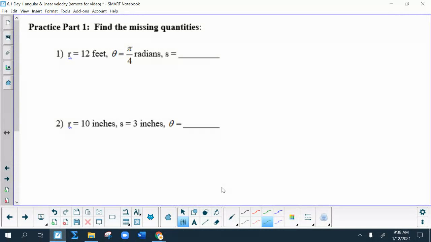We want to find the arc length. That's what S is. We do this by using the arc length formula, S equals R theta. I'm going to write R as feet per radian, so we can do canceling when we are doing our multiplication.